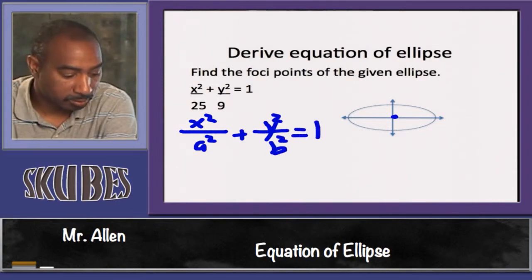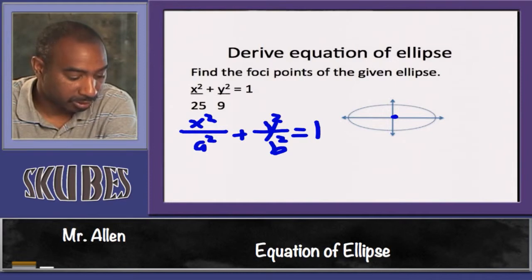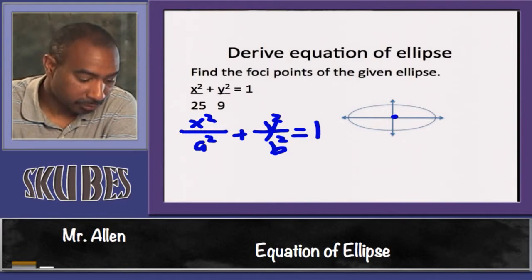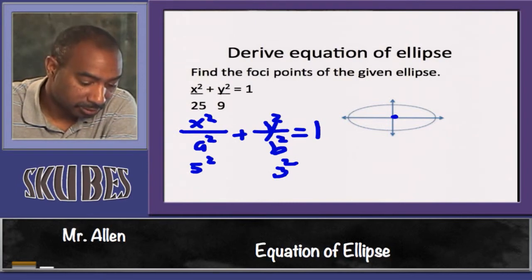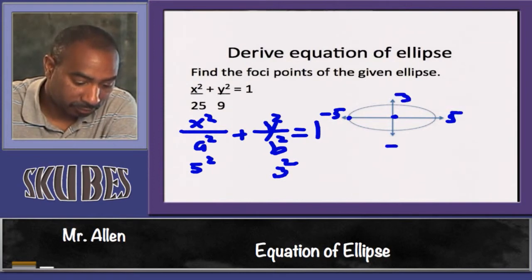So you want to take the square root of 25 to figure out what a is. So we know the square root of 25 is 5. You can think of that as 5 squared or 3 squared here. The square root of 9 is 3. So what we're saying is this distance is negative 5 here. This is 5. It goes up 3 and down negative 3.